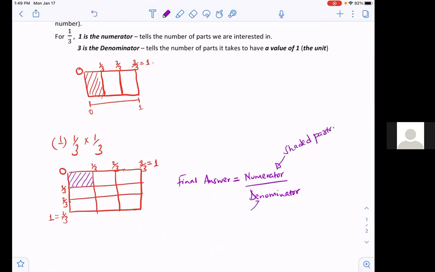And the denominator will be given by the number of parts it takes to have a value of 1. And because we are dealing with a rectangular box or a rectangular array, if you want to say it that way, it's simply the area bounded by 1 by 1 unit.